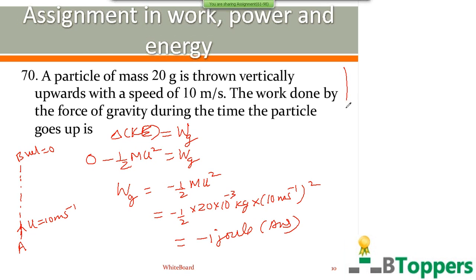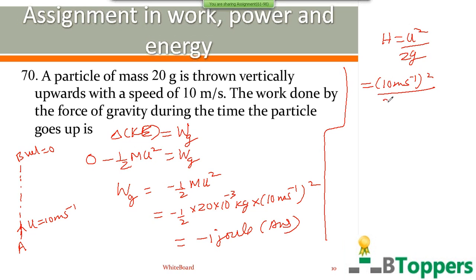You can also do the problem by another way. The maximum height reached by the particle when it is projected vertically upward with initial speed u, from theory of kinematics for motion under gravity, is u square by 2g. Here initial speed is u equal to 10 meters per second. Then work done by the gravitational force when the body rises to a vertical height h will be minus mgh.